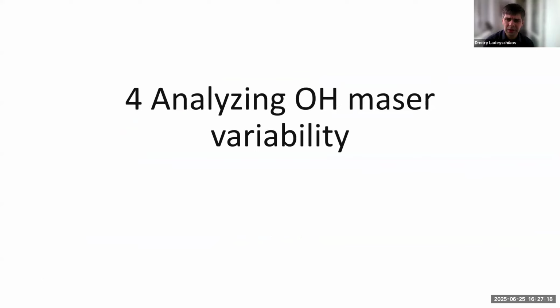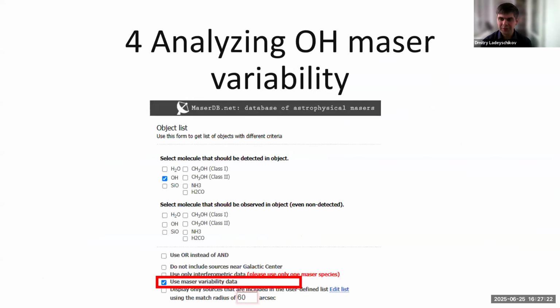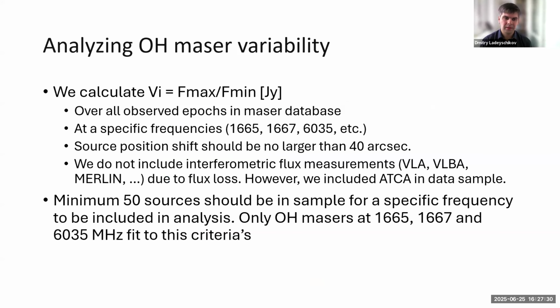Next, what we can do is analyze OH maser variability. There is also a special mode in MaserDB where you can study maser variability. We use the classical definition of variability index, the ratio of maximum to minimum flux. But the problem is that our database contains data from different telescopes and different observed epochs, so we have to deal with it somehow.